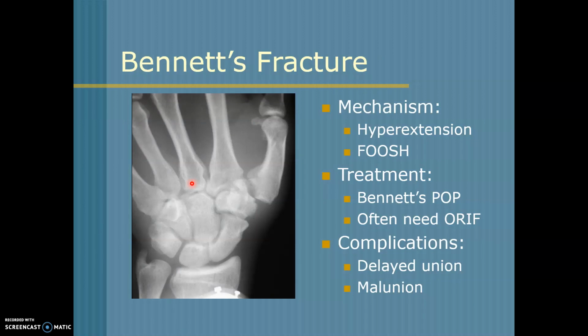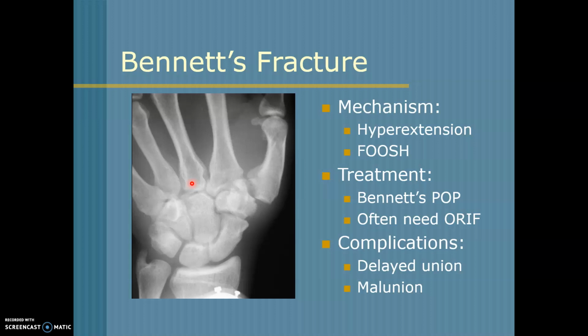Let's talk a little bit about fractures of the thumb. So the Bennett's fracture is a fracture of the base of the first metacarpal due to a hyperextension injury of the thumb or a fall onto the outstretched hand.